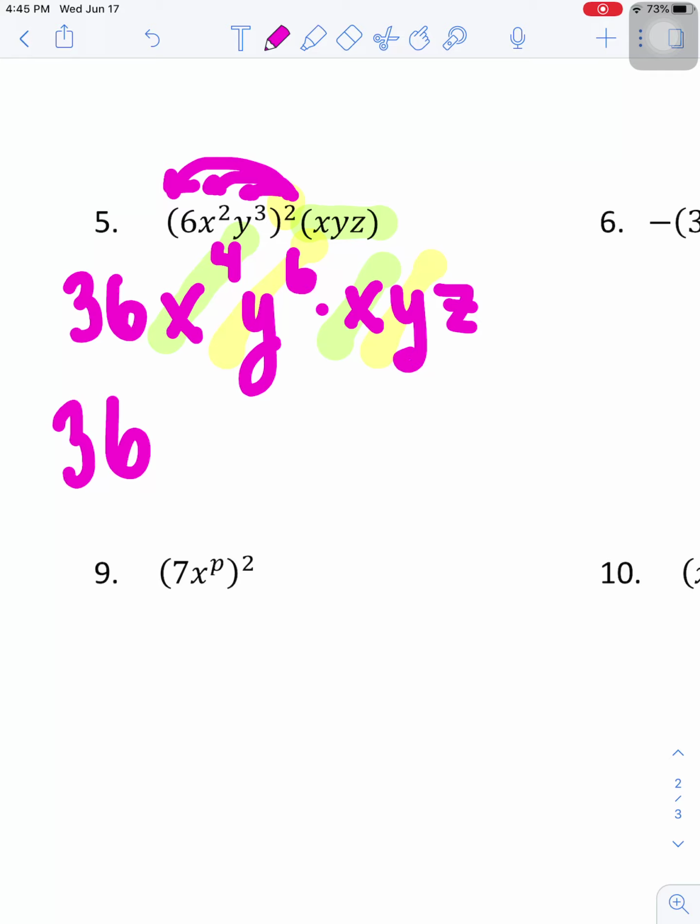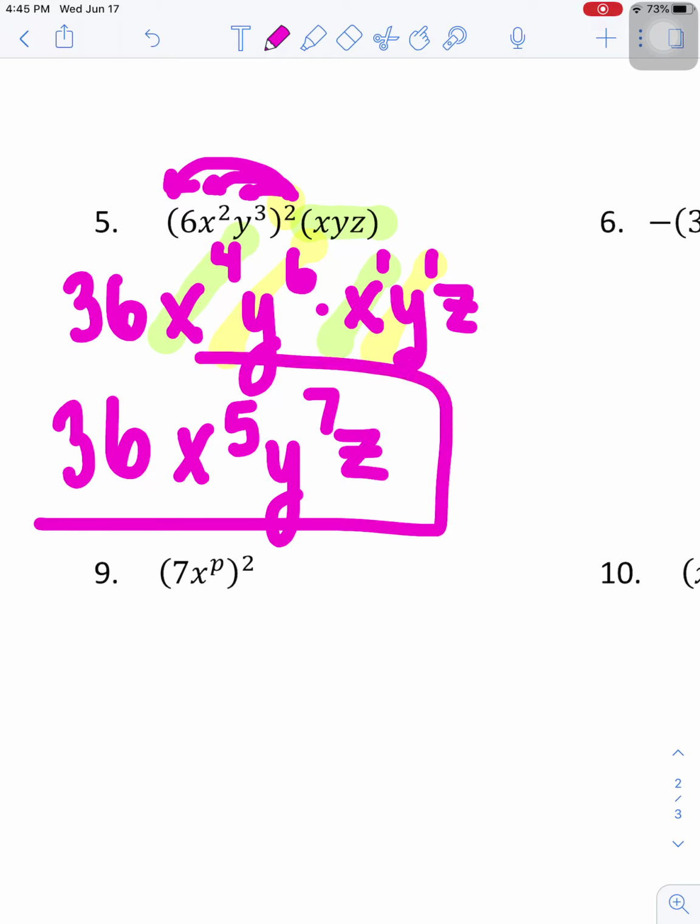So x to the 4th times x to the 1st is x to the 5th power. Then y to the 6th, and this would again be y to the 1st, would give you y to the 7th. And then notice you have that lonely little z there, so you'll just bring that into your answer. So you end up with 36, x to the 5th, y to the 7th, and z.